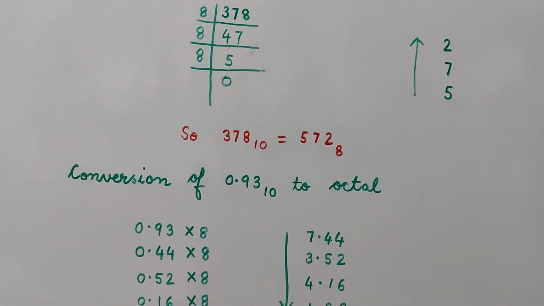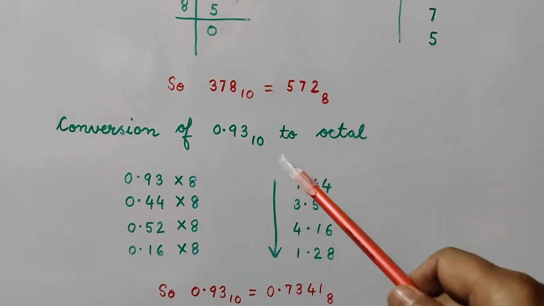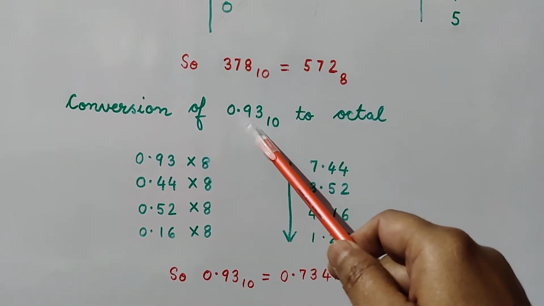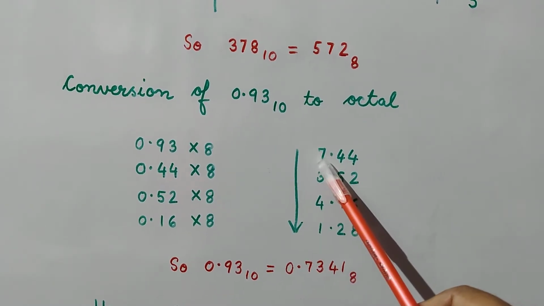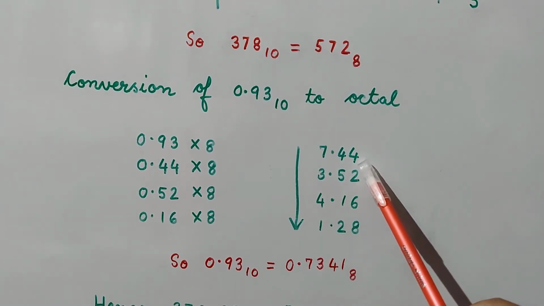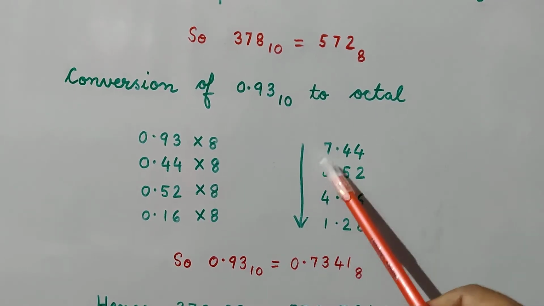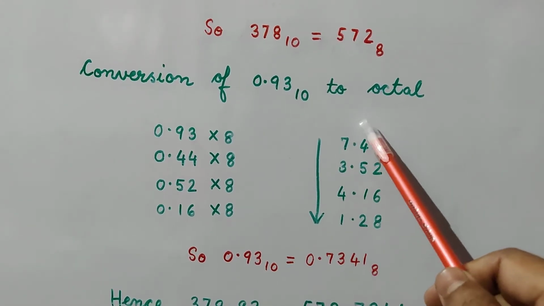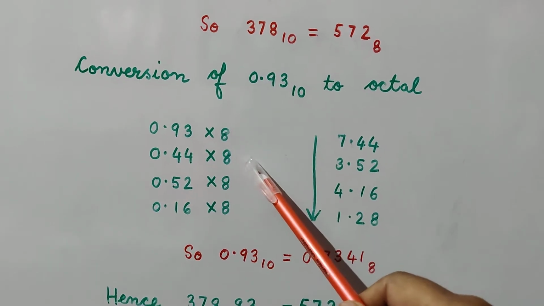Now we will convert the fraction part. For converting the fraction part to octal, we will multiply the fraction by 8 and we will write the product in front of that term. Then we will keep the integer part as it is, and then we will multiply this fraction part by 8.